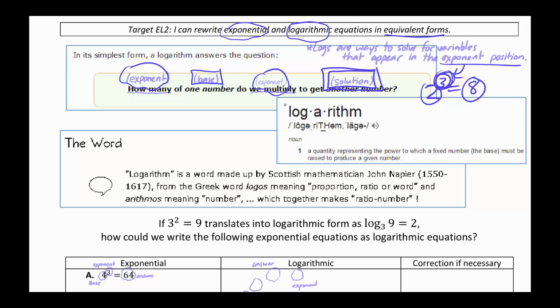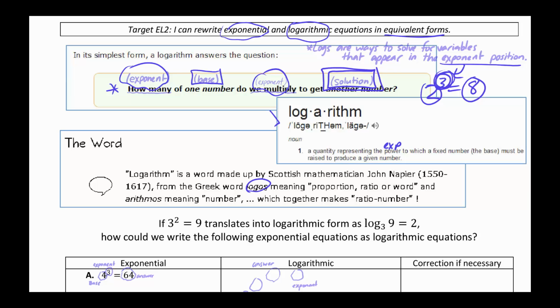So you can see here, we haven't really talked about where the word logarithm comes from, but it gives us the definition here. It's a quantity representing the power, meaning an exponent, to which a fixed number, the base, must be raised in order to produce a given number. That's literally what this question says up here. This word was made up by the Scottish mathematician John Napier, and he got that from Greek.